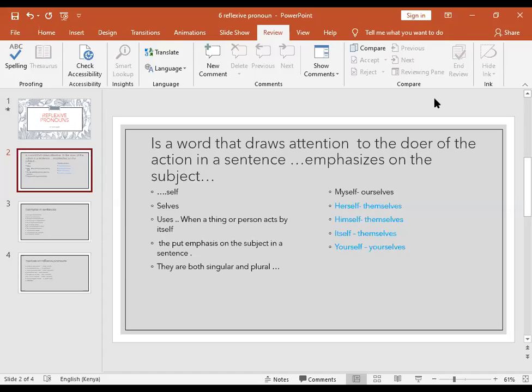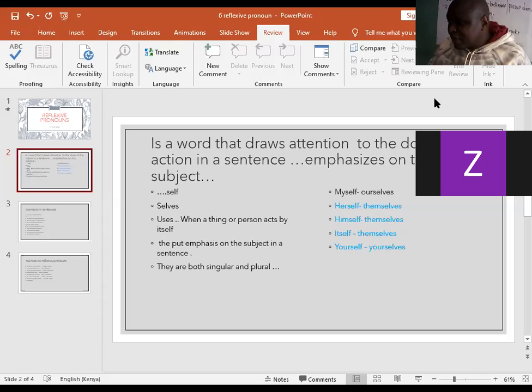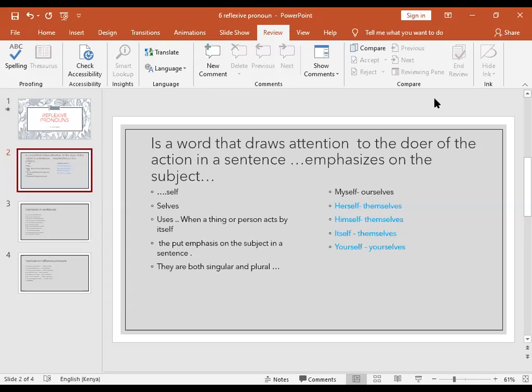And this is how I break it down. The reflexive pronoun draws attention to the doer of the action.